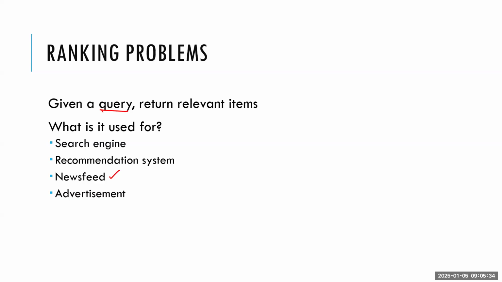When you open social media, it's going to recommend you some posts, maybe from your followers, maybe from someone you never knew before, but they think this post would be related to you. So the query in this case may not be the keyword that you search, but it may be your profile. Your profile can be the query.